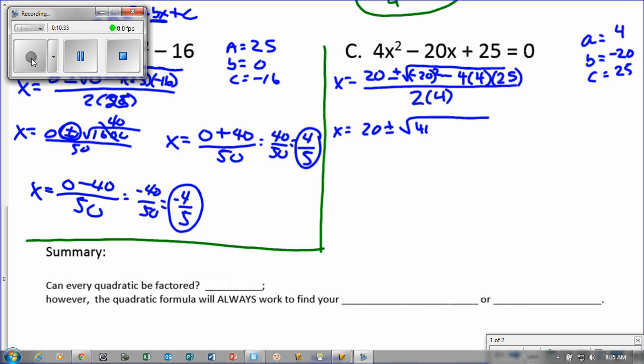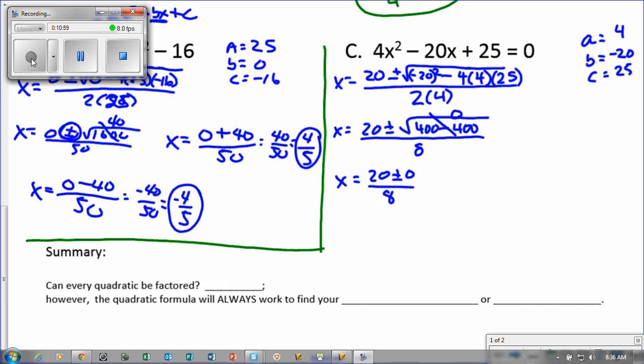So we get 400 here, and then this 4 times 25 is 100, times 4 is 400. Oh, this is going to work out easy. This is 0. What's the square root of 0? 0. So when you go to write this, plus or minus over 8, we really can't write that twice, can we? Because 20 plus 0 and 20 minus 0, isn't that the same number?